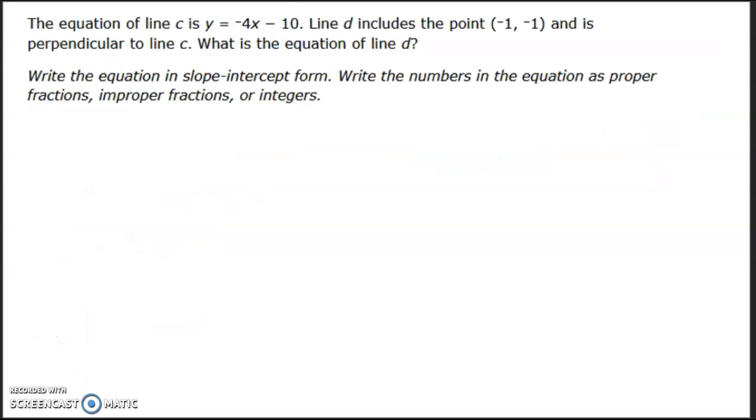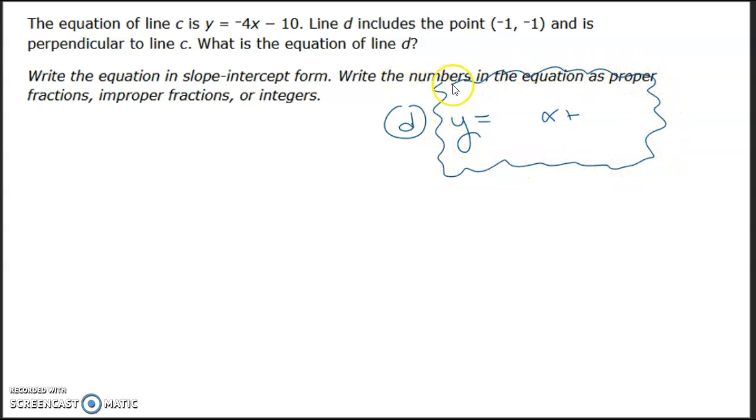All right, last one for this video. So what is the equation? We are doing an equation of D. So I know I need a y equals, and I've got to fill in my m and my b. This is my final answer up here. Okay, so let's do some work to find it.